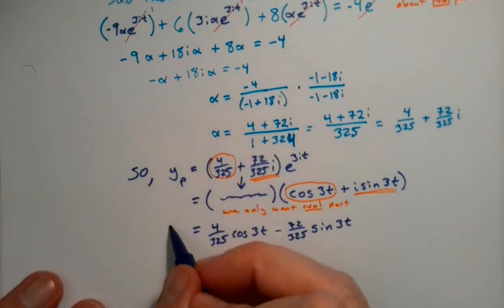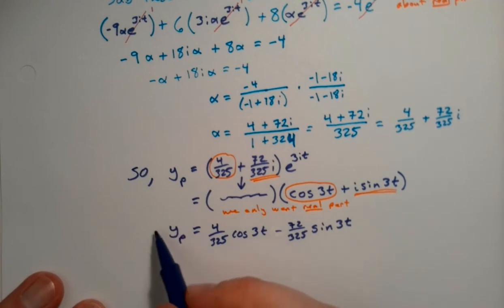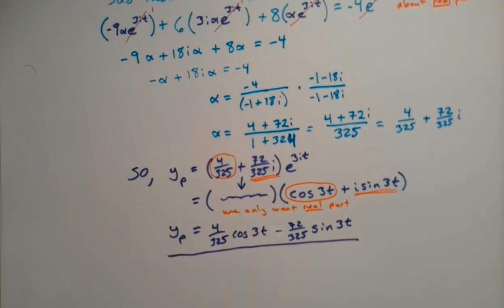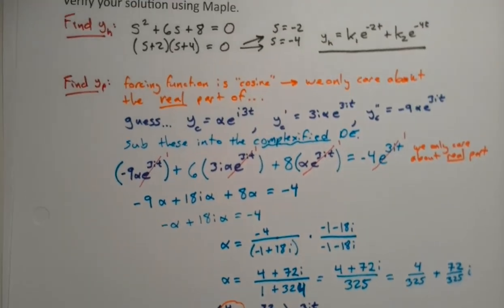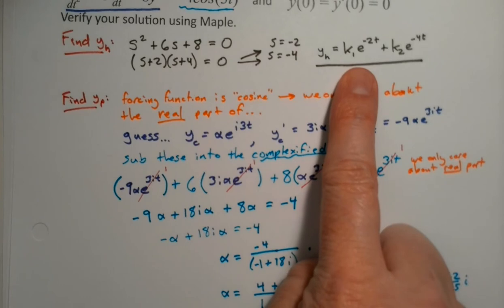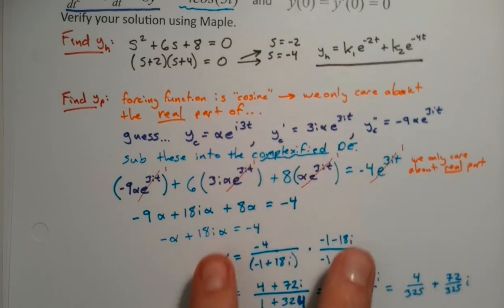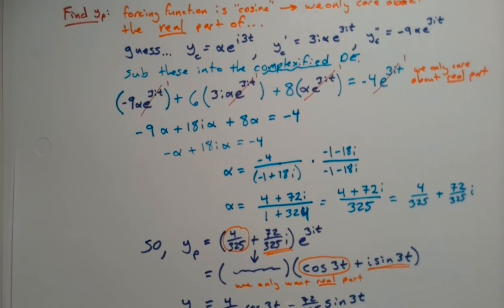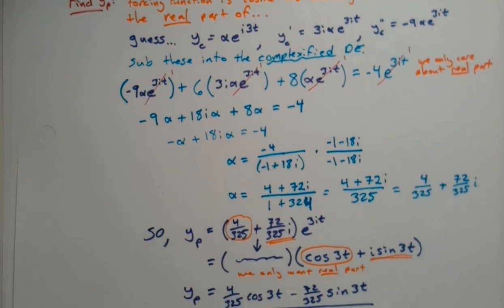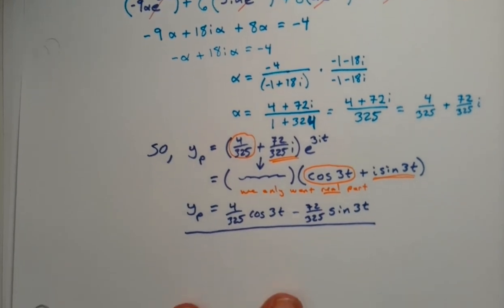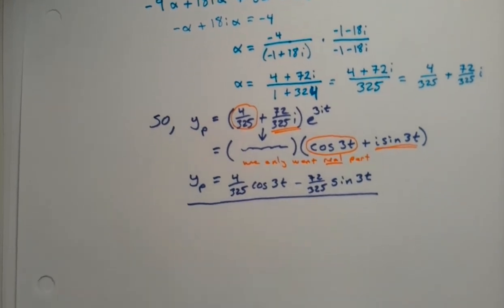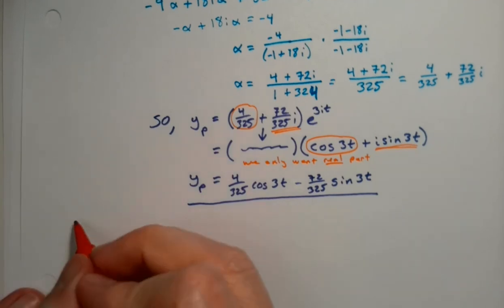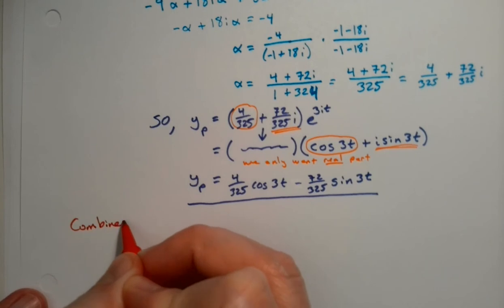So this is the particular solution that I'm interested in, right? So now I have, if you notice at the top, my homogeneous part of the solution, and after my complexification, which seems like an awful lot of work, but if you tried to do that with a sine plus cosine guess, it would have taken you at least as much work, if not more. I now have my particular solution, and so the last step in the normal process would be to combine to get my general solution.